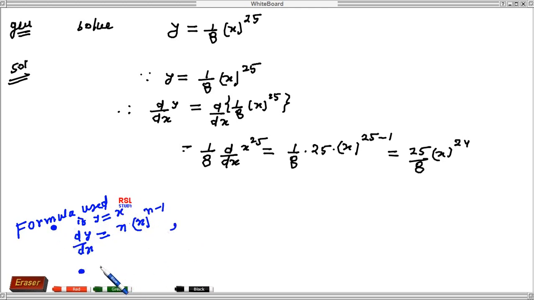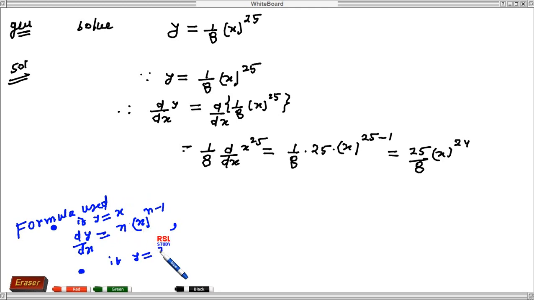When you differentiate it you will get like this.